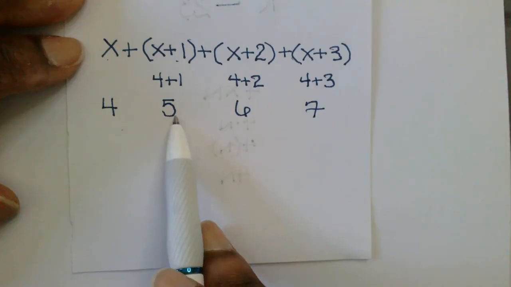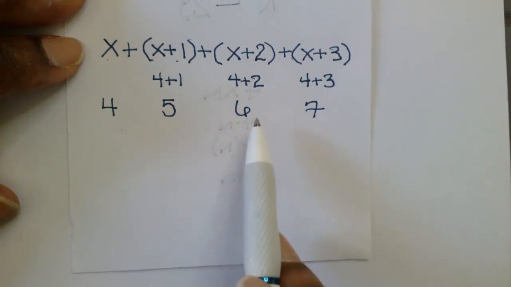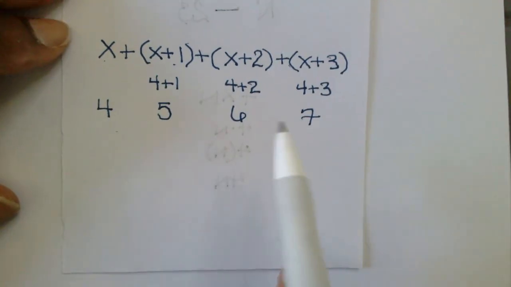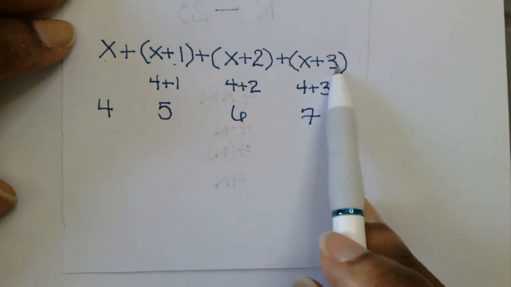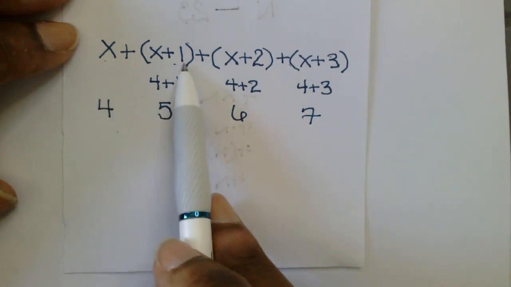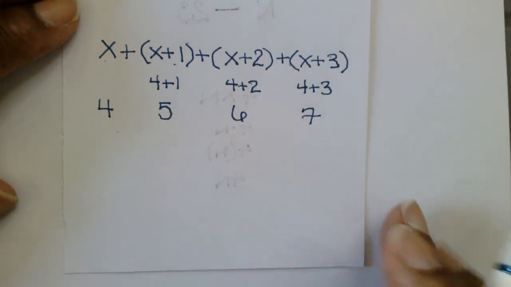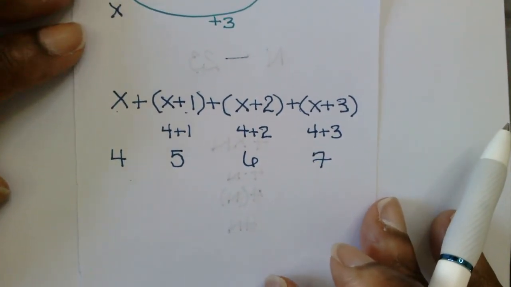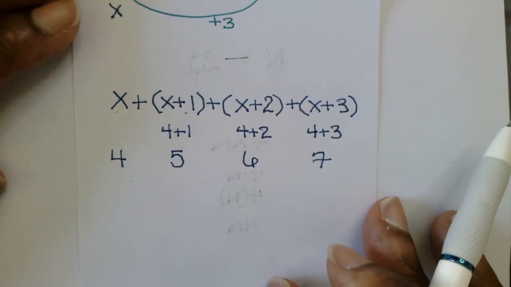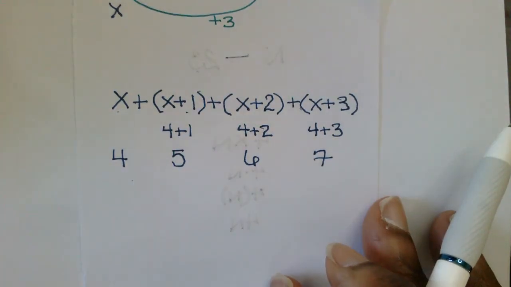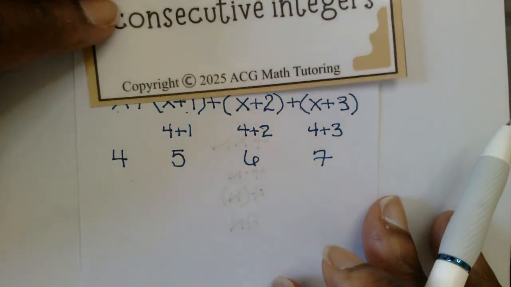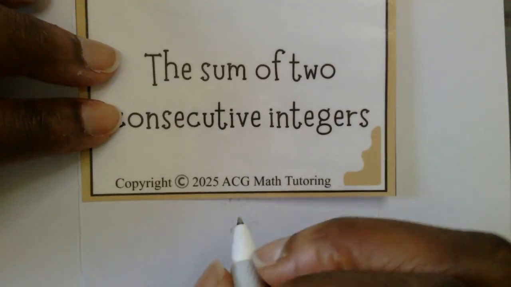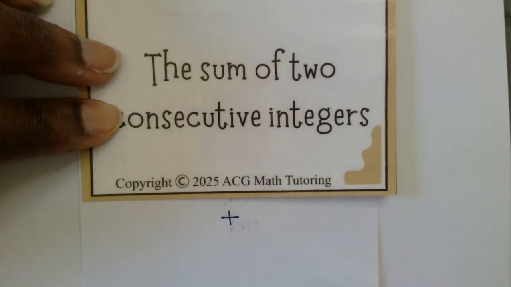Aren't they consecutive integers? Remember, integers are positive and negative numbers. So what you're doing is finding the pattern of how you go from one number to the next. Now, sum of means we're adding two things.